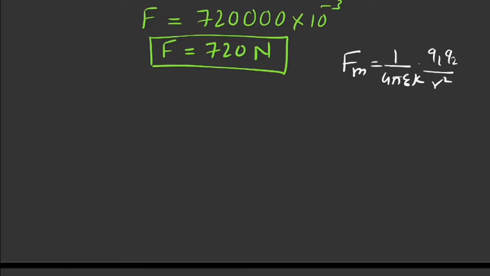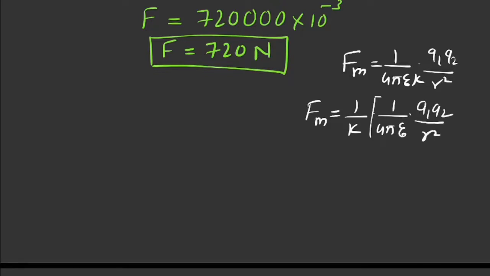What we did, we just multiplied k with epsilon naught. And now see, force between the two charges in medium. So if you bring 1 by k outside, what remains? 1 divided by 4 pi epsilon naught remains, q1 q2 divided by r square. And now what is this? This is force between two charges in air, and already we calculated this one, isn't it?